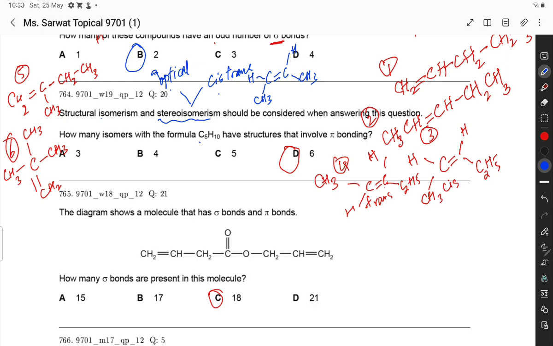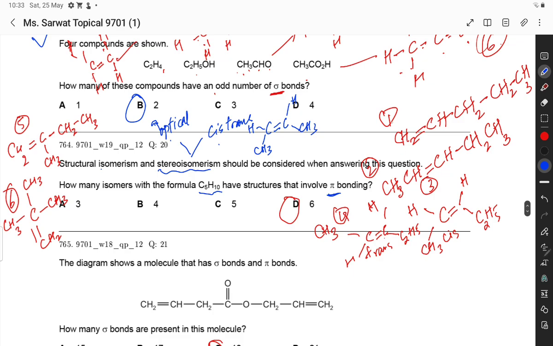How many isomers with C5H10 have structures that involve pi bonding? Okay, this is isomer 1, 1, 2, 3, 4, 5, and this has a double bond, pent-1-ene, and this is pent-2-ene, and this is cis and this is trans. Third isomer, fourth isomer. So this is 1, 2, 3, 4, 5.